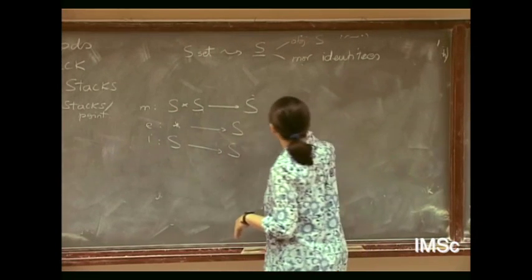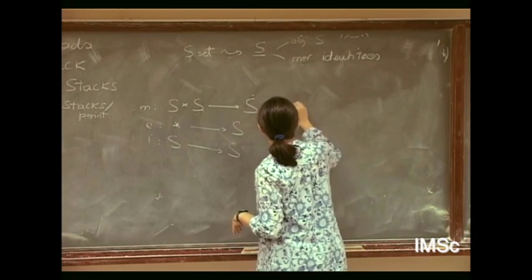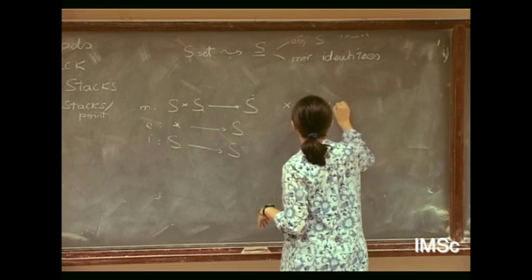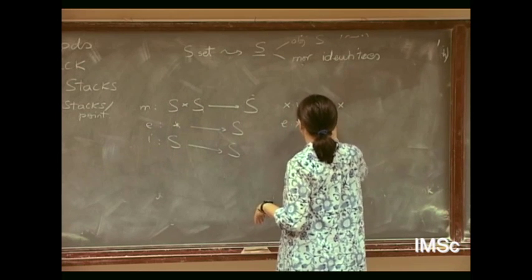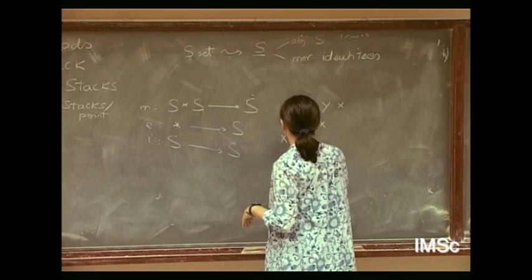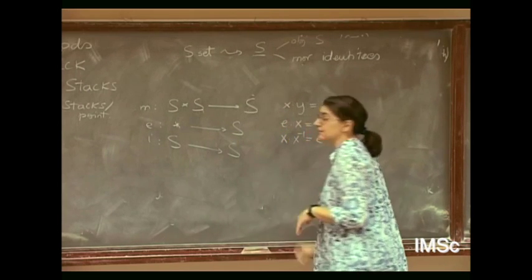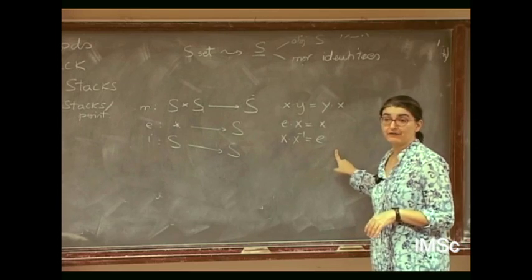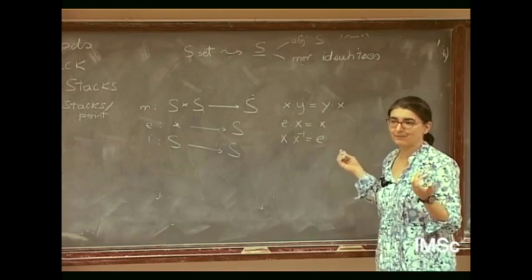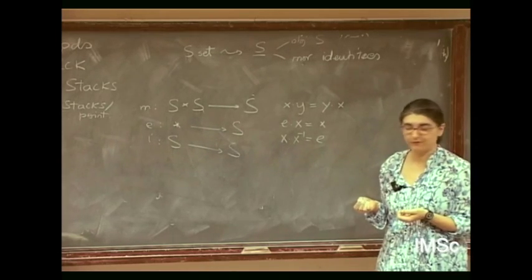In particular, what we want is that x times y is y times x, and then that e times x is x, and then that x times x minus 1 is e. So this gives you 3 commutative diagrams. I could write them for you, but you can write them yourself.